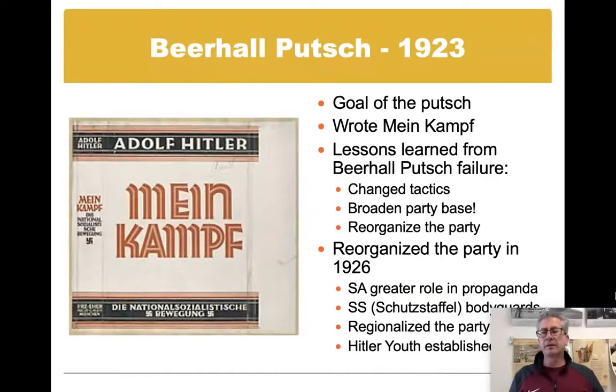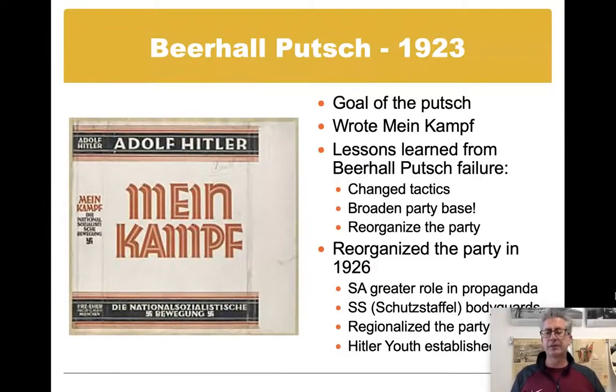The goal of this putsch, and a putsch is a German word for overthrow, was to start in southern Germany with this beer hall putsch and expand nationwide, so that it would spontaneously spark others.